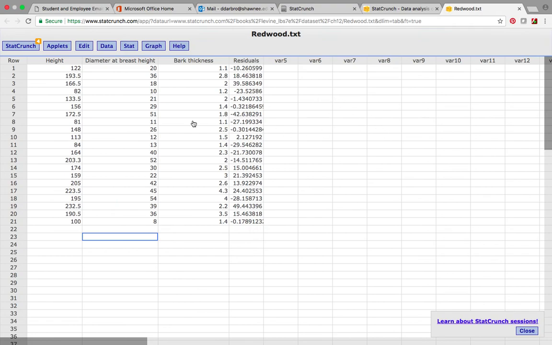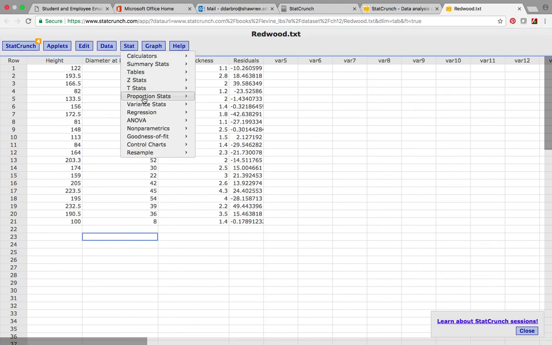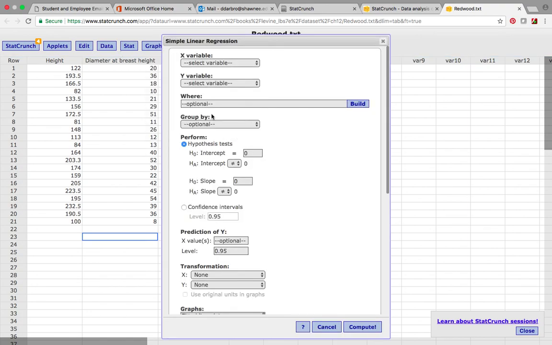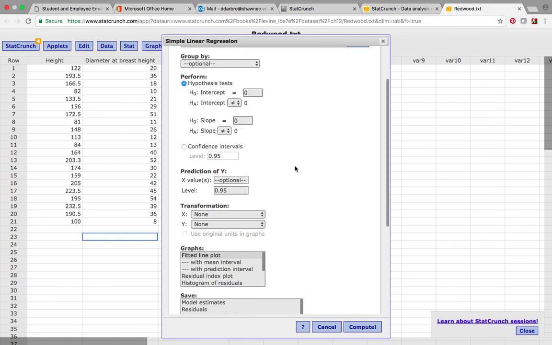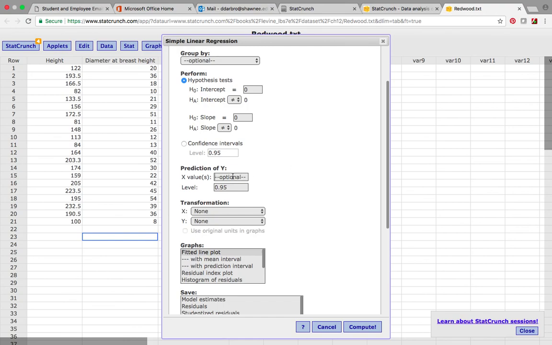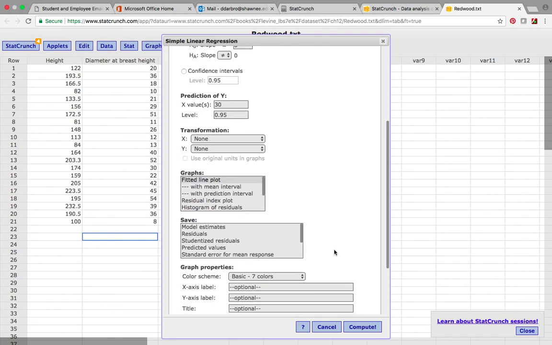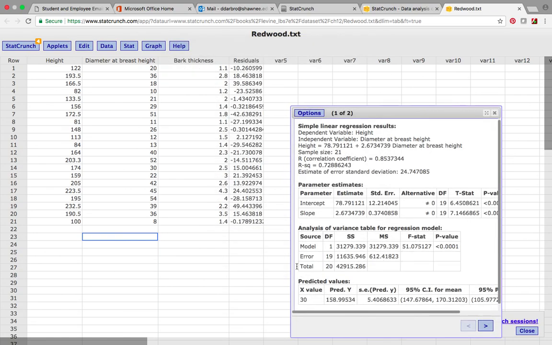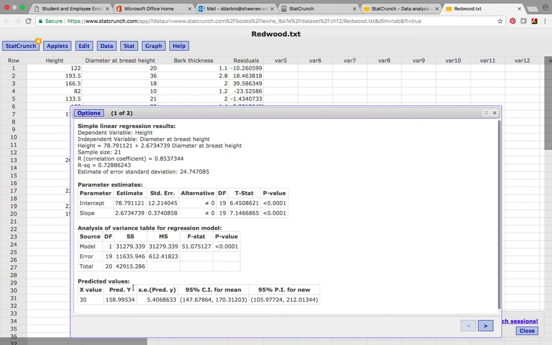So guys, it looks like to me that if I can go up and stand beside a redwood, and at my breast height, if I can measure that tree to be 30 inches, for example, I can come down and put in 30 as my x value, and I can get a prediction on that.